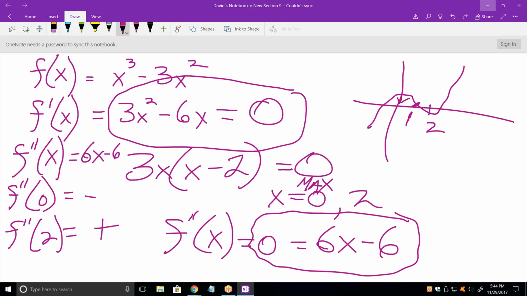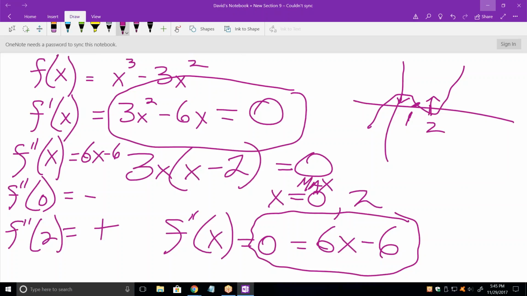The inflection point is the point where the concavity changes. In other words, we go from concave down to concave up. You can't get from one to the other without there being a middle point somewhere. That's what the inflection point means. It means a change in concavity, and it's always where the second derivative is equal to 0.